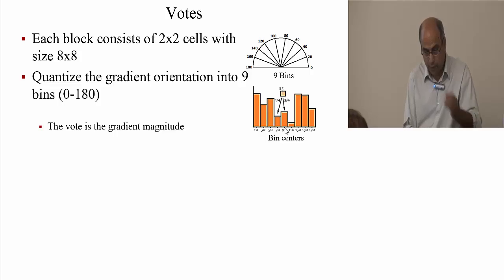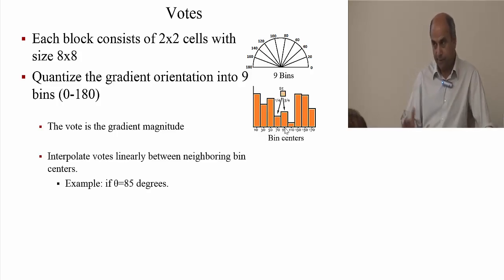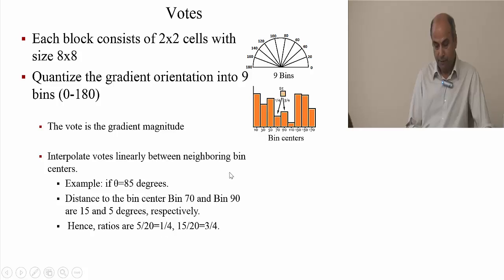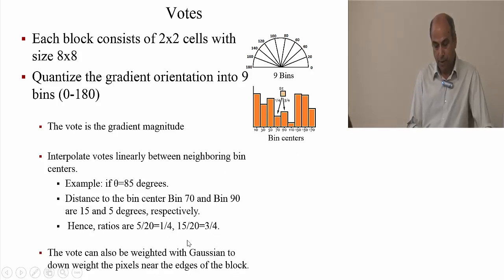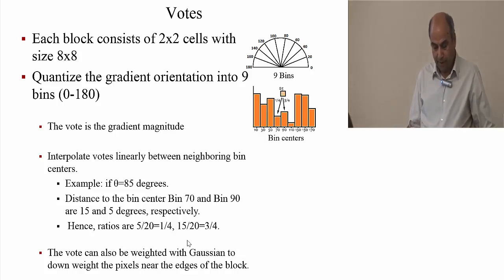As an example, if theta is 85, which bin should you put it in? You say how close is 70, how close is 90, and then you take those appropriate weights, 5/20 and 15/20. So this gets 1/4 and this gets 3/4. You can also weight the votes based on a Gaussian.